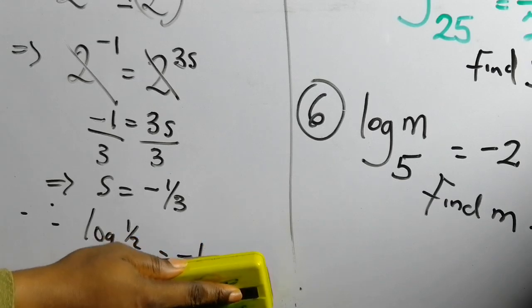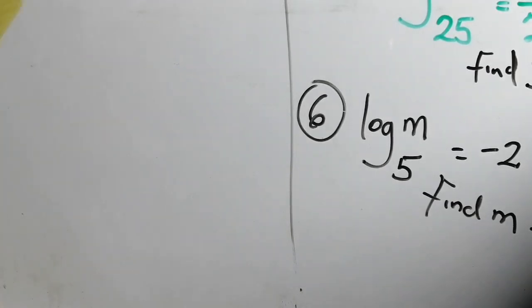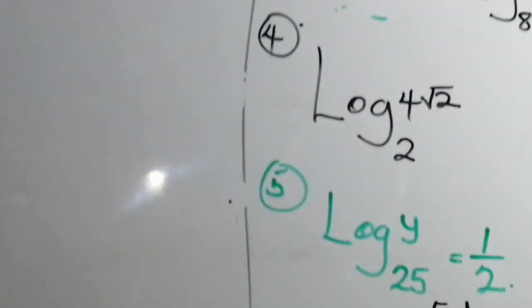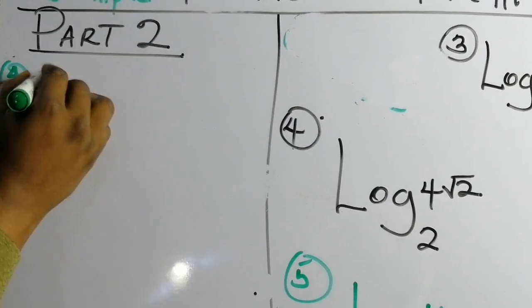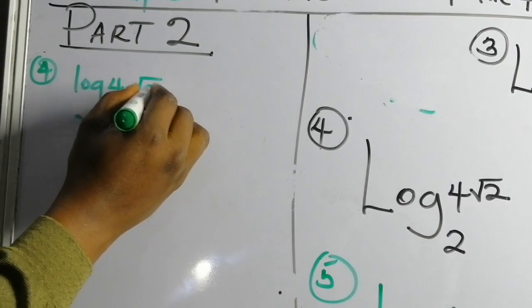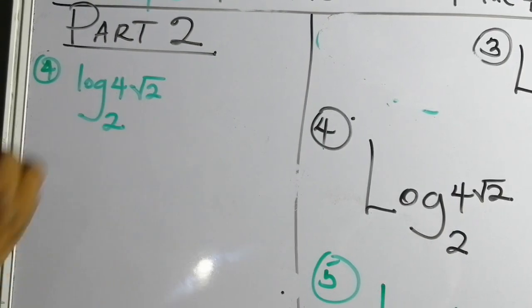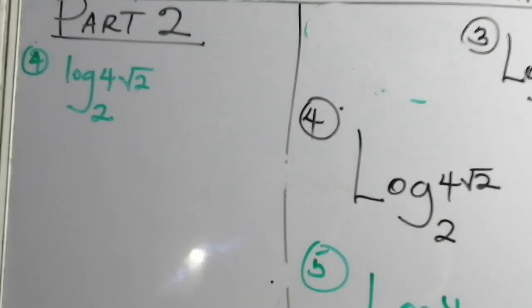I'm cleaning it so that we can solve number 4. Example 3 has been done, so we move to number 4. Number 4 here says we have log 4 root 2 base 2. We should find the value of log 4 root 2 base 2.